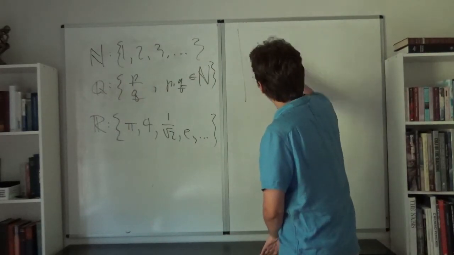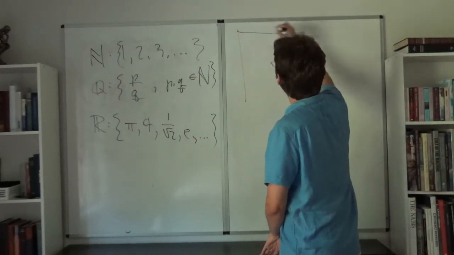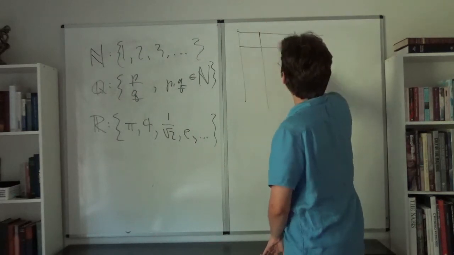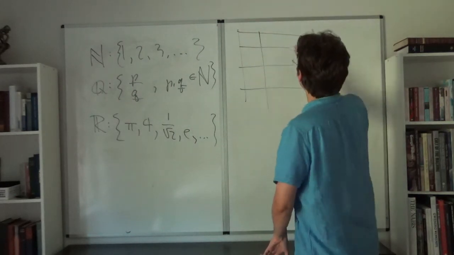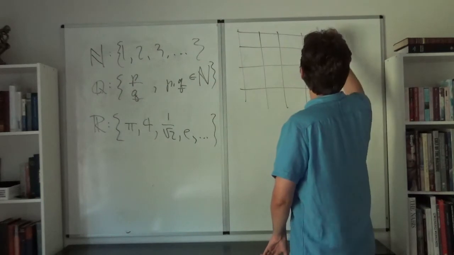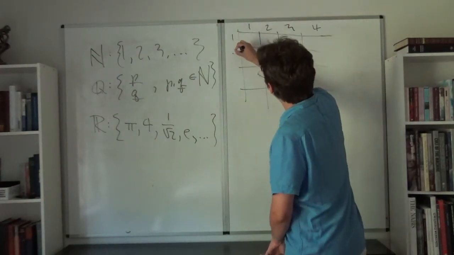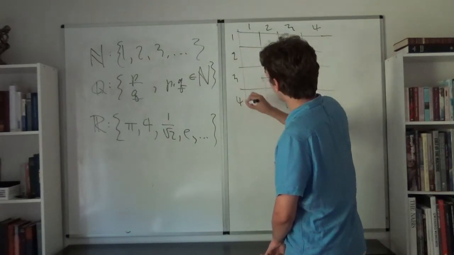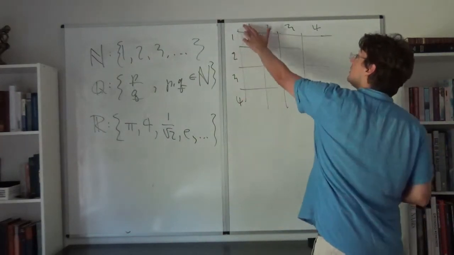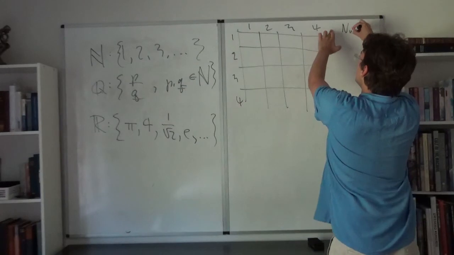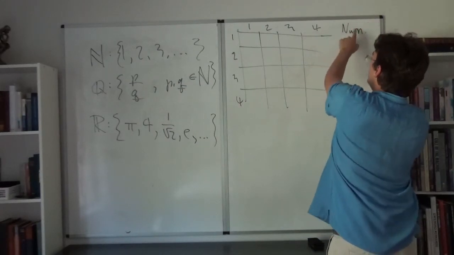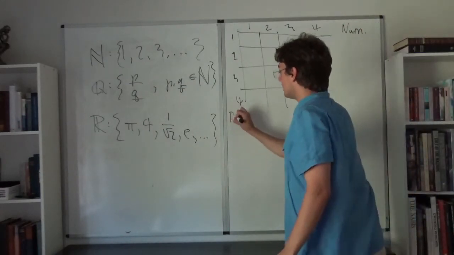let's just take a table like this. Nice, big table. Let's put 1, 2, 3, 4 up here, 1, 2, 3, 4 here. And this basically represents numerators, and this is denominators.